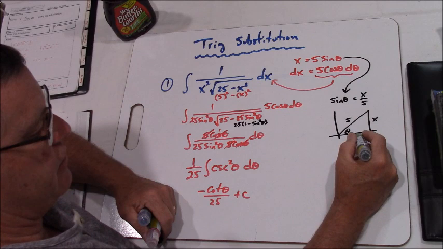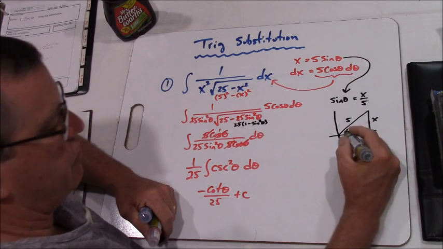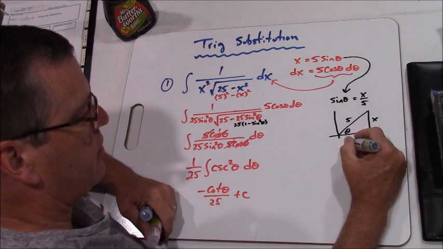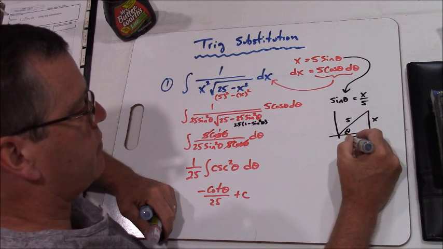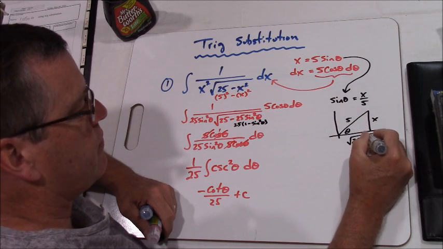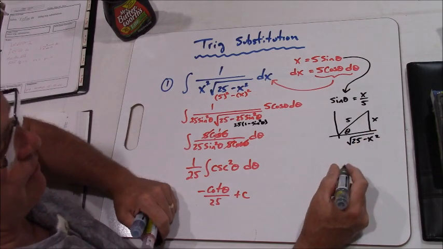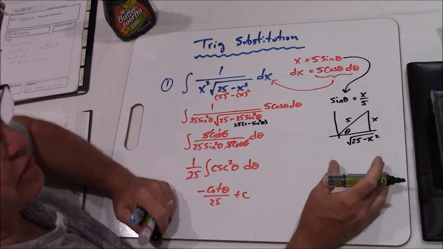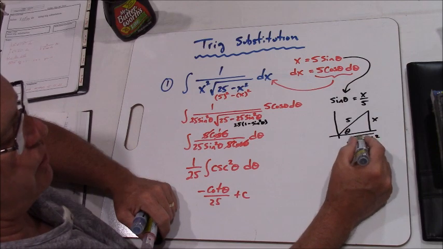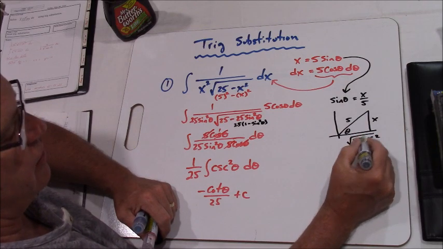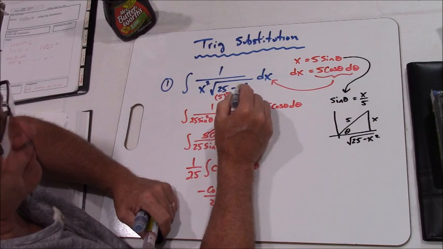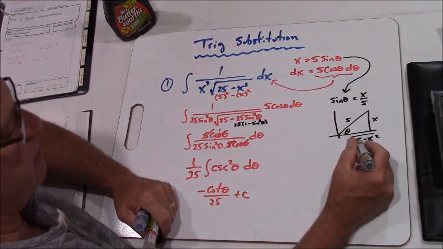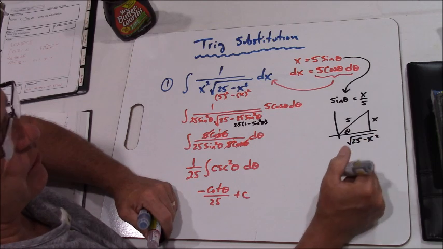And so now I've got to find this missing side, which when I use the Pythagorean theorem, I get this squared minus this squared. Just as a hint, what you should get here is the same as what you had in the beginning. If I got something different, I'd probably want to take a closer look at that.